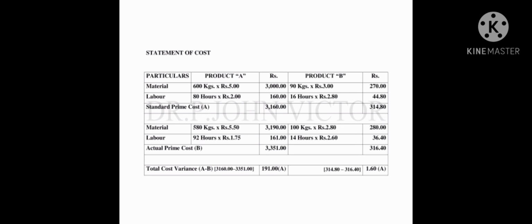So we get 191 adverse for product A, and 1.60 adverse for product B, because the actual price is higher than the standard price. So we get the total cost variance as an adverse value for product A and product B.